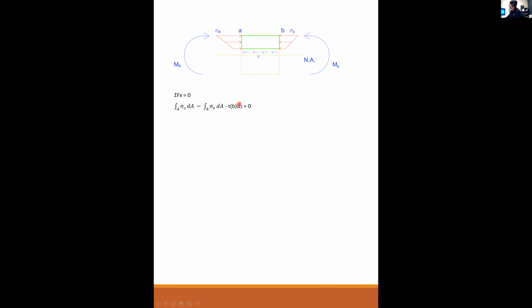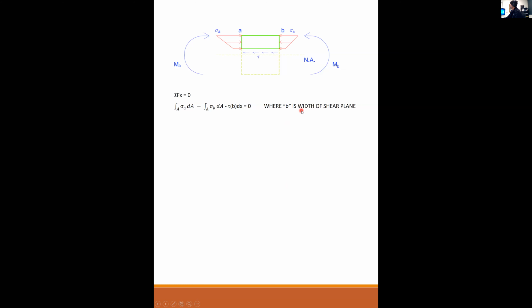So b dx is the area of this underside surface. So this is the most general form of summing of the resultant vectors at A, at B, and the stress underneath here that keeps everything in balance.